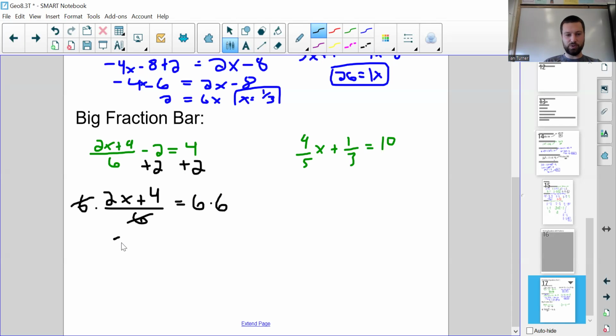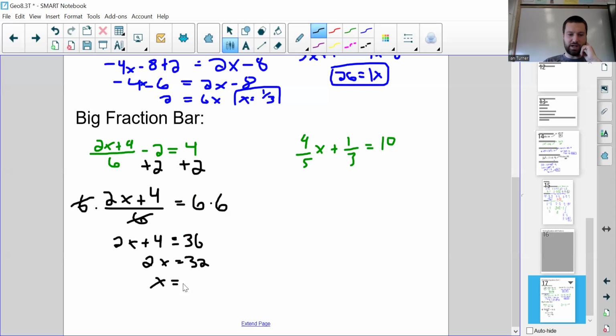They cancel, and we're just left with what's on top, which is just 2x plus 4. Sorry, it looks really bad. And then the right side, we get 36. Now we just subtract. So we get 2x equals 32. And then we get x equals 16.